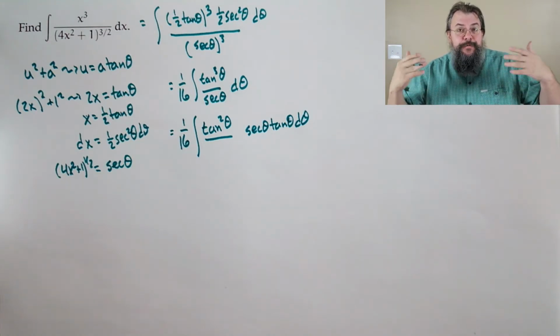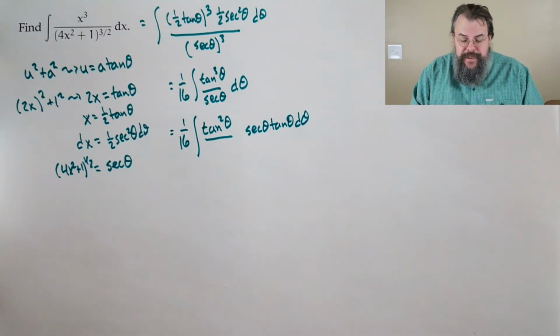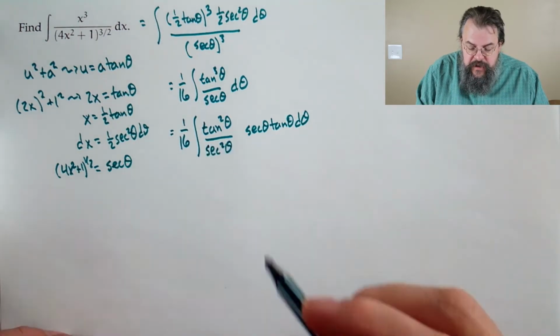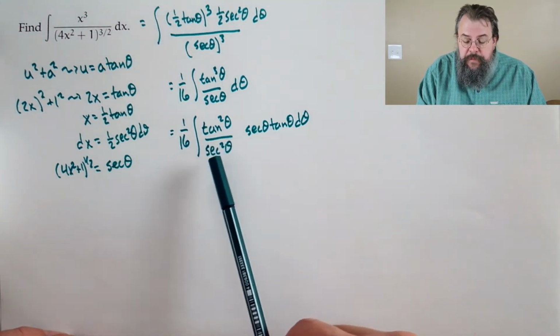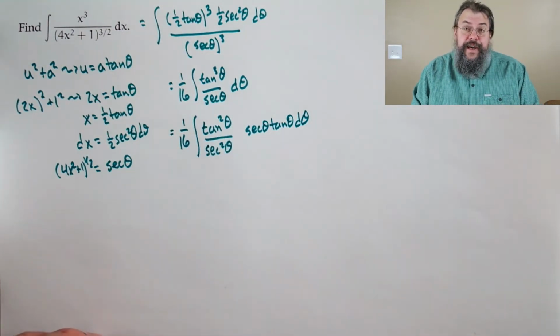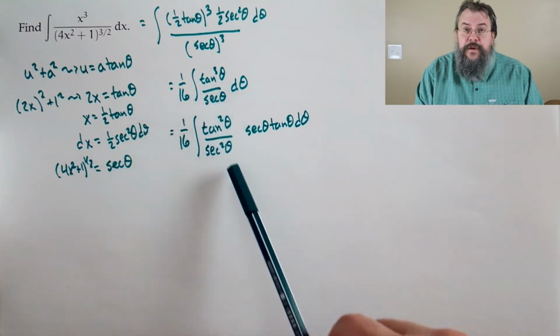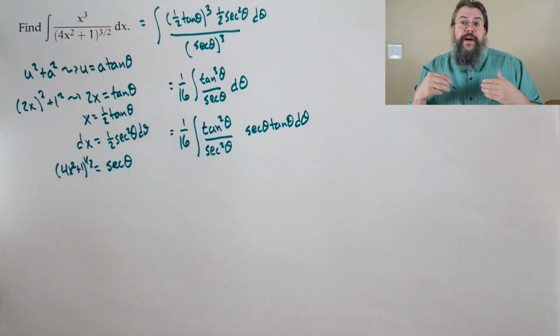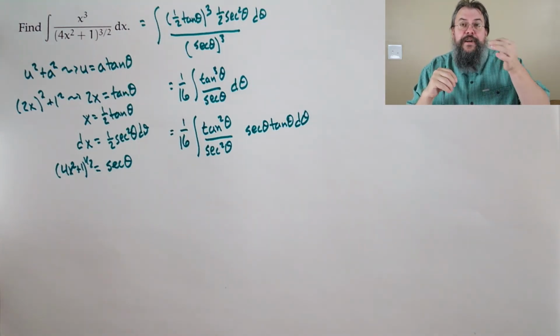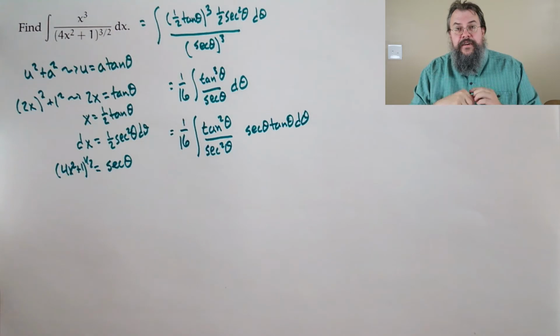The answer is we pull it off the bottom by making it secant squared. You can check: a secant over secant squared leaves a single secant, so these are equal to each other. Another way to think about it is I multiplied top and bottom by secant, and that's how I got my secant upstairs, but it had me add a secant downstairs as well.